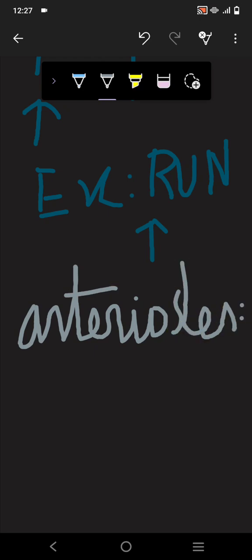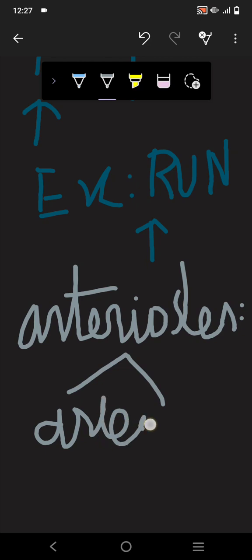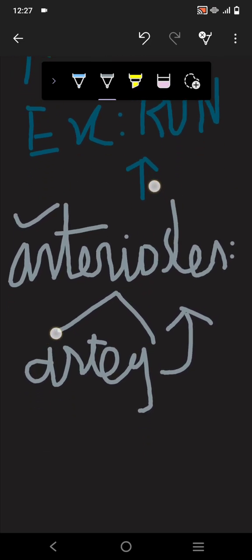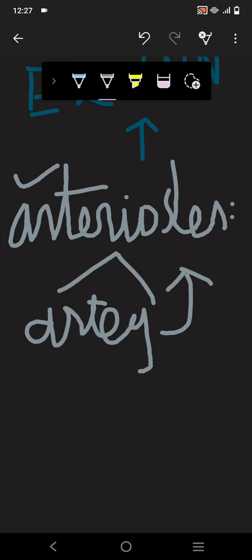What are arterioles? As we know, an artery is divided into arterioles, so that is what an arteriole is called. So the dermis layer contains arterioles, and that regulates the temperature, of course, blood circulation and all these.